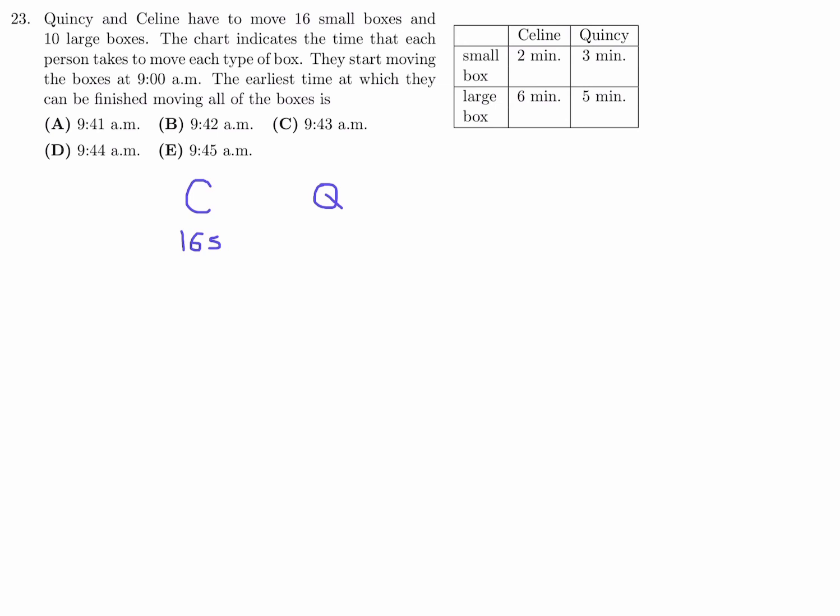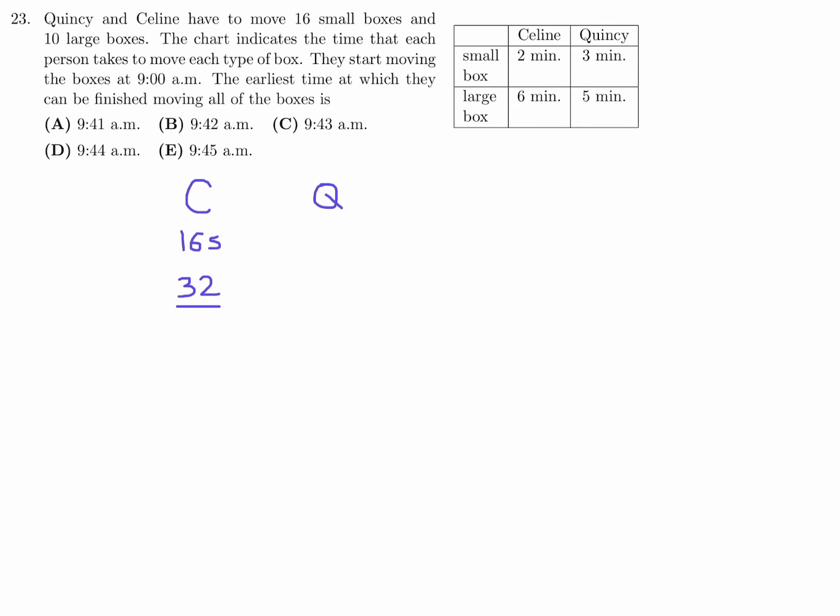Okay? And if I do that, it will take her 32 minutes, right? Each of those small boxes, 2 minutes, 16 small boxes, 16 times 2 is 32 minutes. Now, while Celine is moving these, Quincy has to be doing something. So since I've given all the small boxes to Celine, I'm going to give some of the large boxes to Quincy. So for the first 32 minutes, I'm just going to say, you move large boxes.